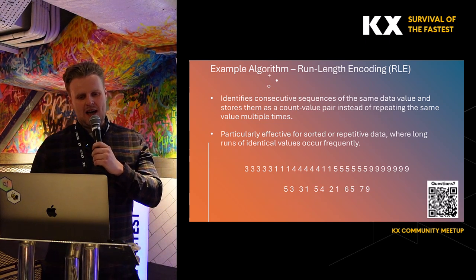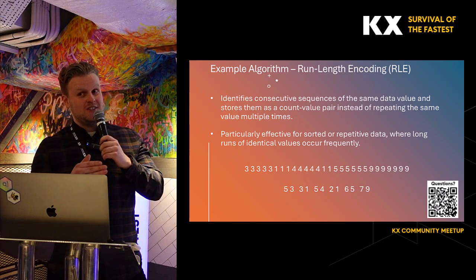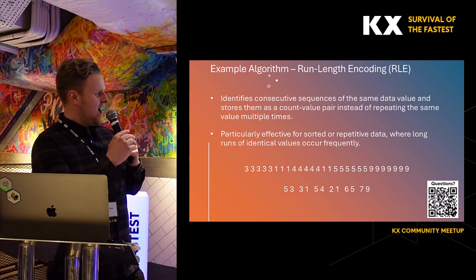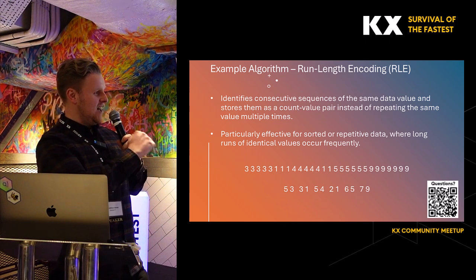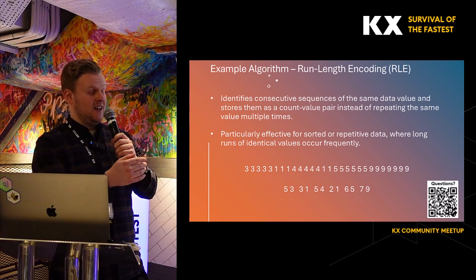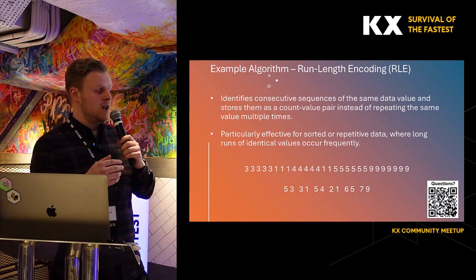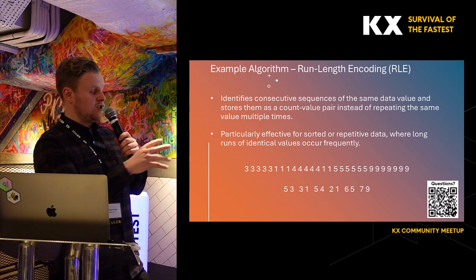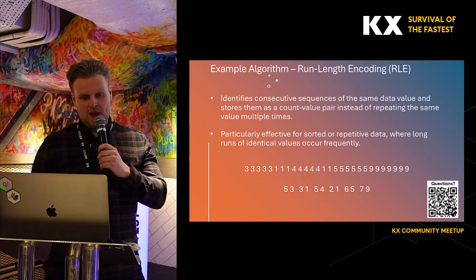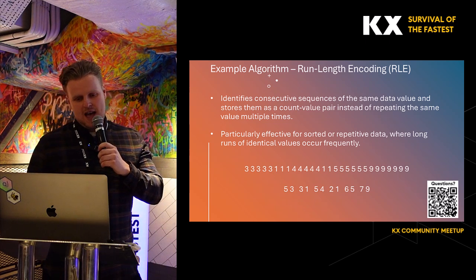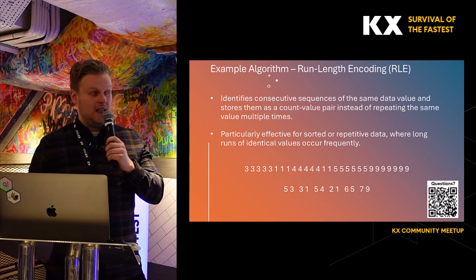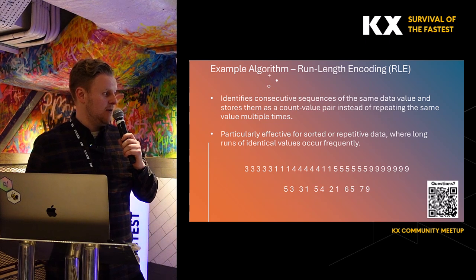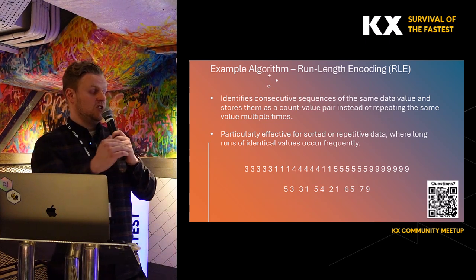So, a quick example. I've got these numbers. You might notice the significance of the numbers I've chosen, but basically it's long runs of numbers. This isn't necessarily in contiguous or even sorted order, but you can see the numbers are grouped together. We have 3s, 1s, 4s. If I apply the run-length encoding algorithm to this, I would go from this 28 number list down to this 12 number list.